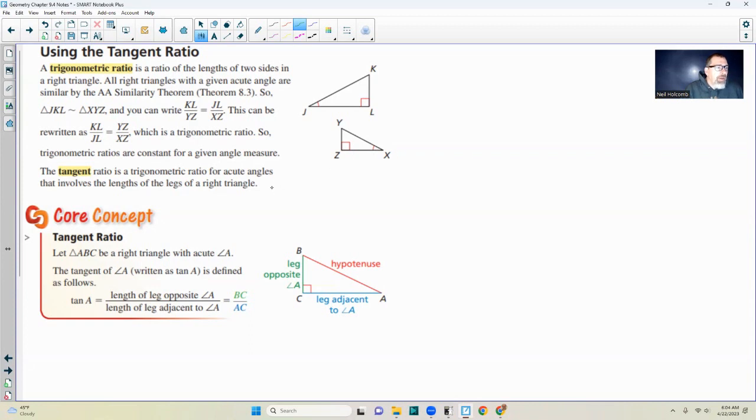Okay, so the tangent ratio is the trigonometric ratio for acute angles that involves the lengths of the legs of the right triangle. So the core concept here, tangent ratio, let triangle ABC be a right triangle.